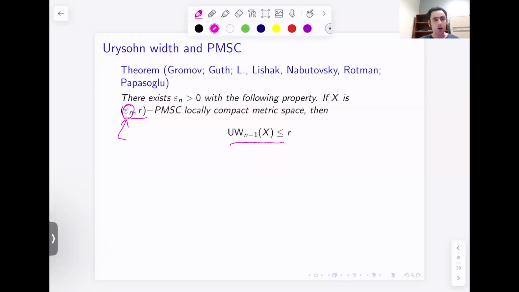And so it becomes a very combinatorial argument about coverings by balls of various size.